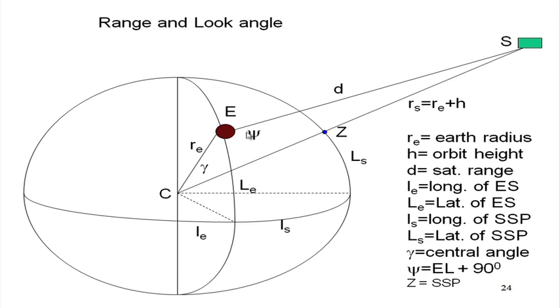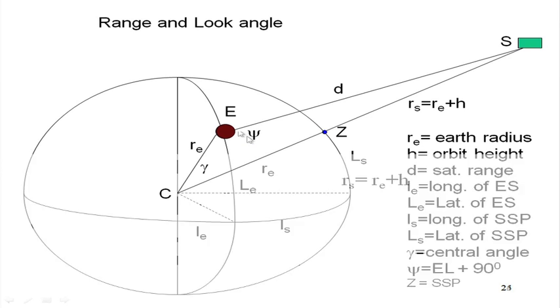If you think carefully, you will find that this psi is 90° plus some angle. From the earth station, if we put a horizontal plane, it will be 90° with the line from the center of the earth to the earth station, plus some angle. So, psi will be 90° plus that angle, which is nothing but elevation.